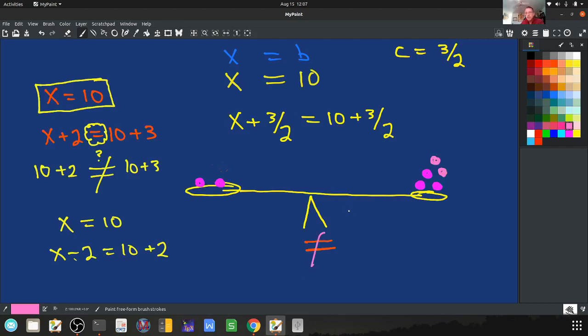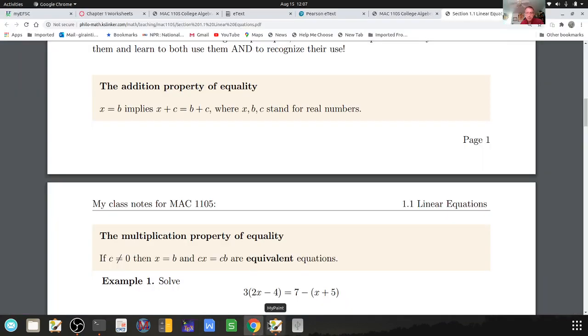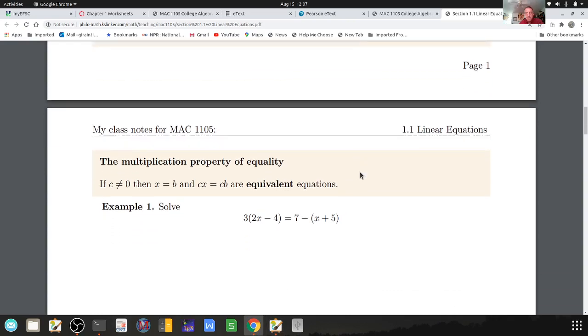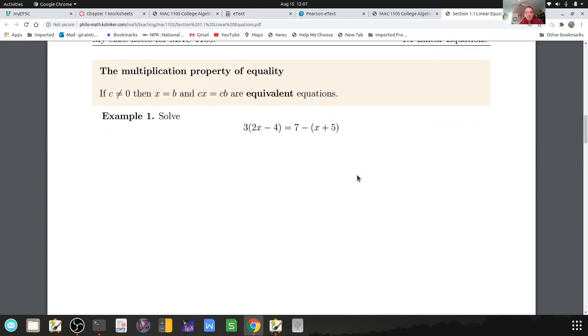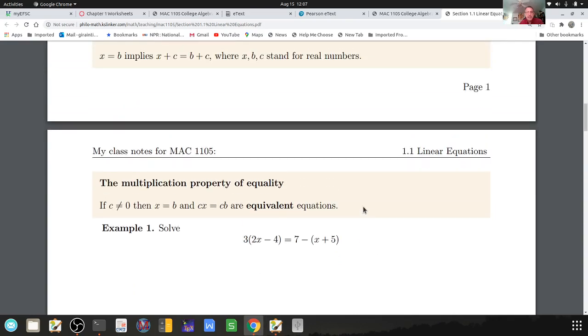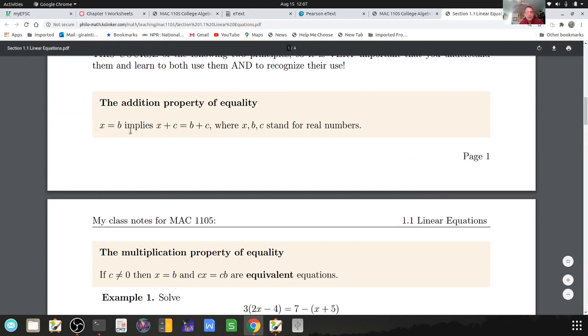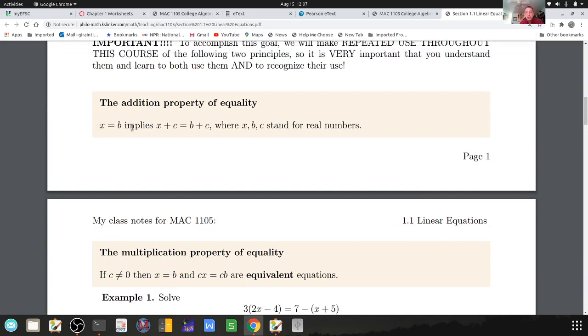The equality is broken, and the resulting scale is no longer balanced. So most of this should already be familiar to you. Basically what this says is, if I have an equation, I can add the same number or subtract the same number to both sides, and the equal sign still holds.